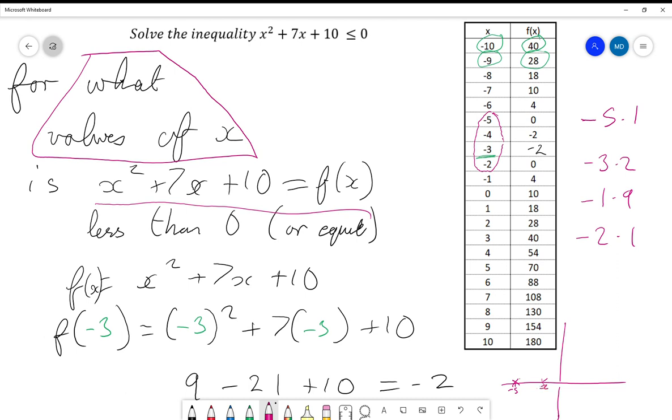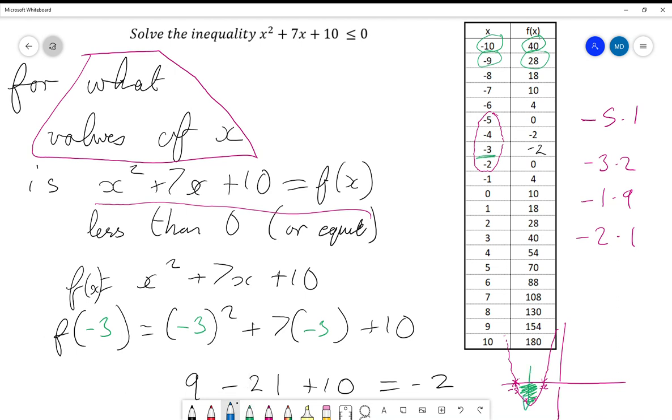We also know it goes a little bit below, between here and here, at negative 3 and negative 4, and it looks like our graph is going to look like this. And we know the shape of a quadratic graph. A quadratic graph always looks like this. So what that tells us is it is all the area between negative 5 and negative 2 that gives us values less than 0.